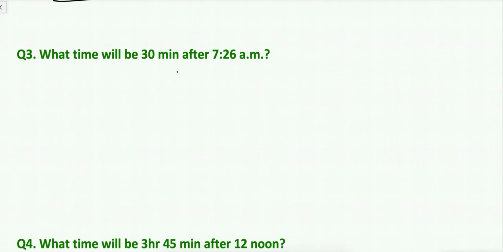What time will it be 30 minutes after 7:26 a.m.? So if the current time is this, what will be the time after this? What we have to do is add this time to get the final time.